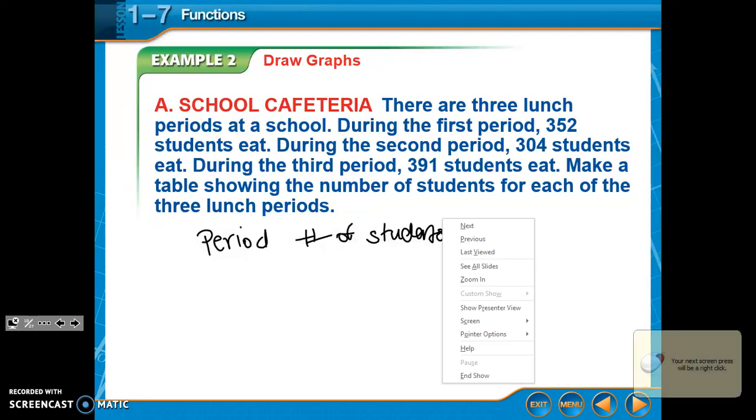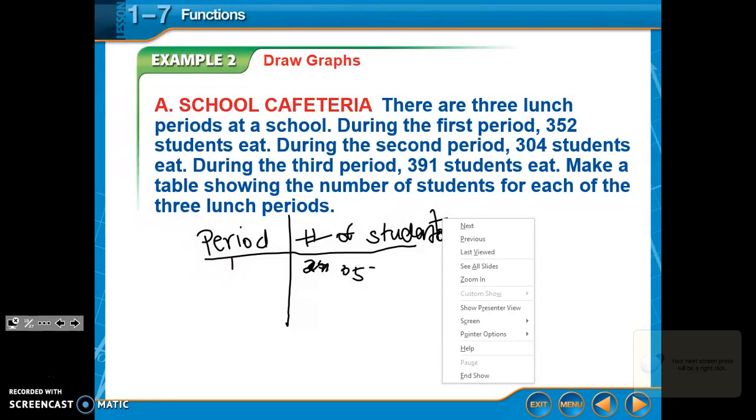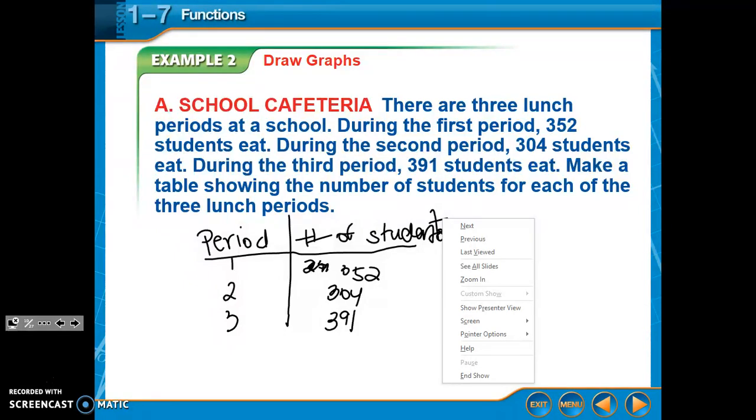And we can make a table. So for first period, we have 352. For second period, 304. And for third period, 391. Okay, so I would be making a table from this information.